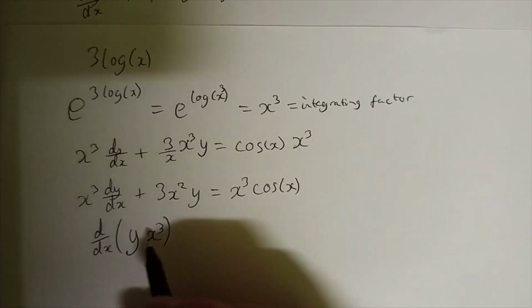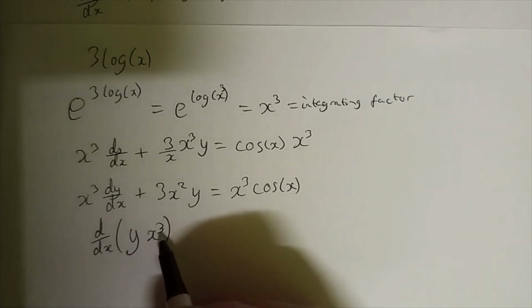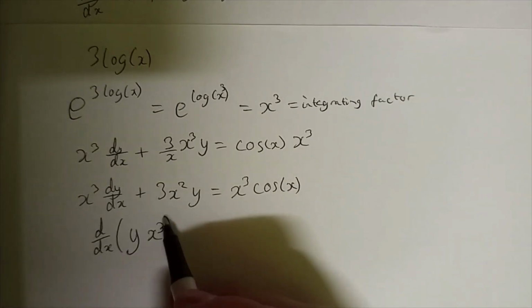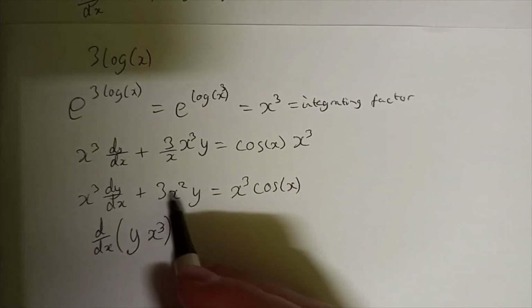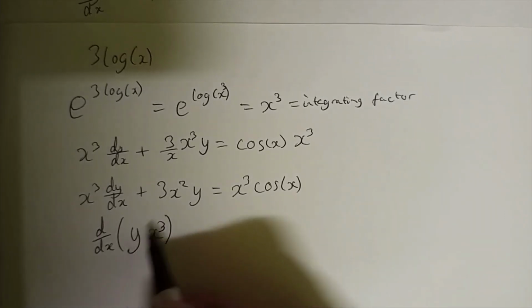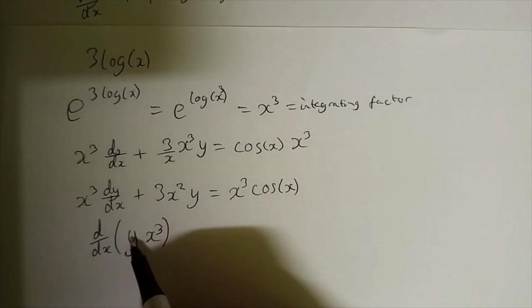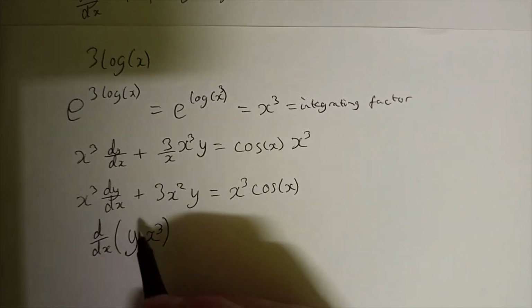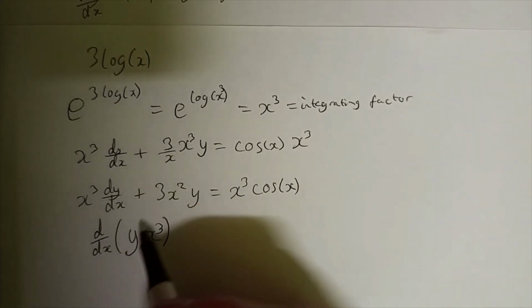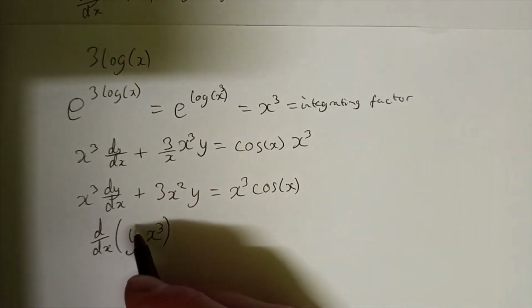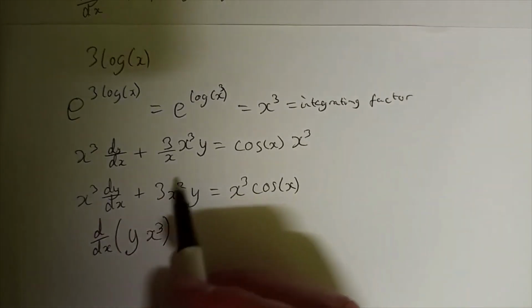Then if we take the derivative of the second term, x cubed, that gives us 3x squared, times the first term, y. The product rule just says that the derivative of the product is one term times the derivative of the other term plus the derivative of the other term times the original term.